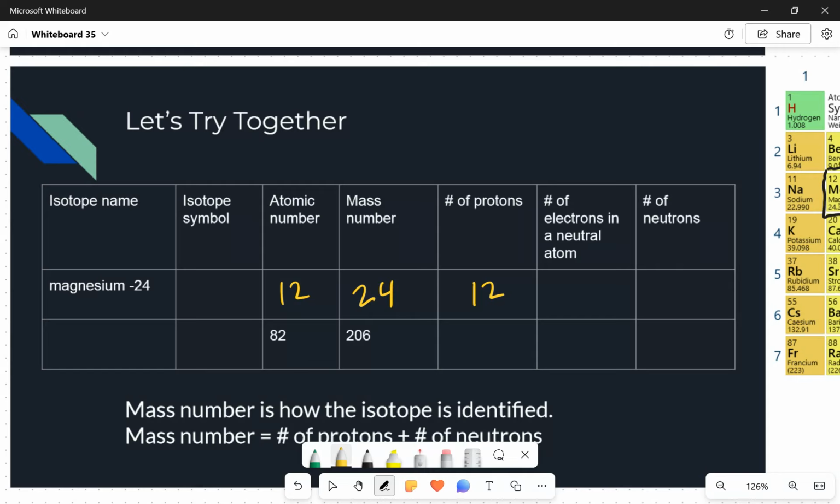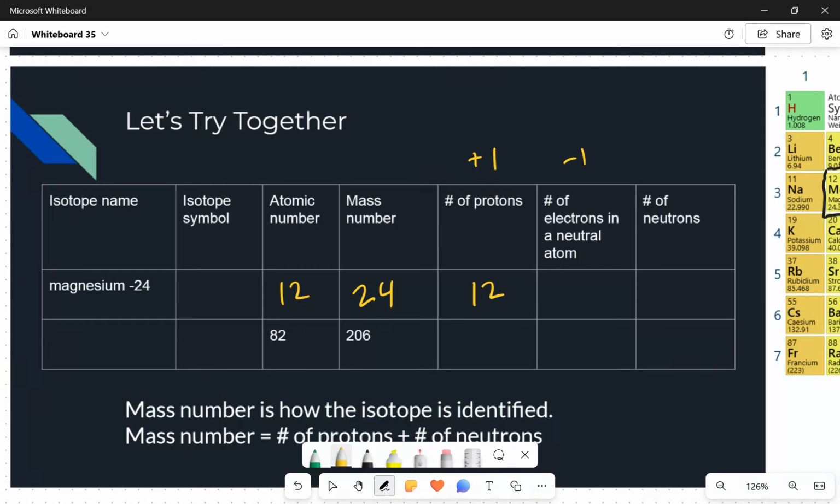Because neutral means it has no charge overall, okay? So, logically speaking, if protons have a +1 charge and electrons have a -1 charge, in order for the entire thing to be neutral, you have to have the same number of protons and electrons.